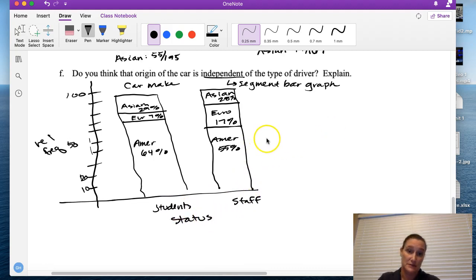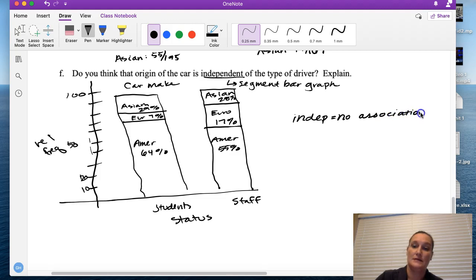And so how do we tell if it's independent? All right, if your percents or your bars, your segmented bar charts, are essentially the same, that means they are independent. So if your bars are different, that means that they are dependent. So independent means there's no association. It means that, in essence, your status, whether you're a student or staff, does not affect the car that you buy.